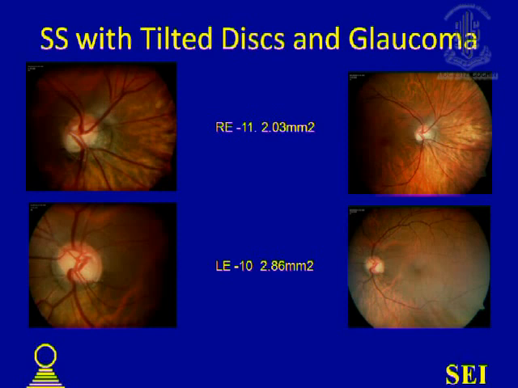And because the disc is tilted and this area comes inferiorly, and there is a slope, in fact, you can't get a proper reference plane with the Heidelberg retina tomography. So there's already a slope that makes it difficult in tilted disc to diagnose glaucoma. And also we know that there is increased tessellation, and sometimes you might find a greater degree of visual field loss even in normal patients with tilted disc, which has been well demonstrated.